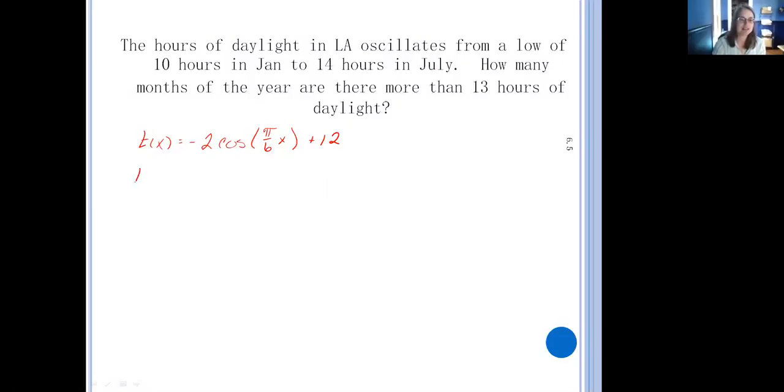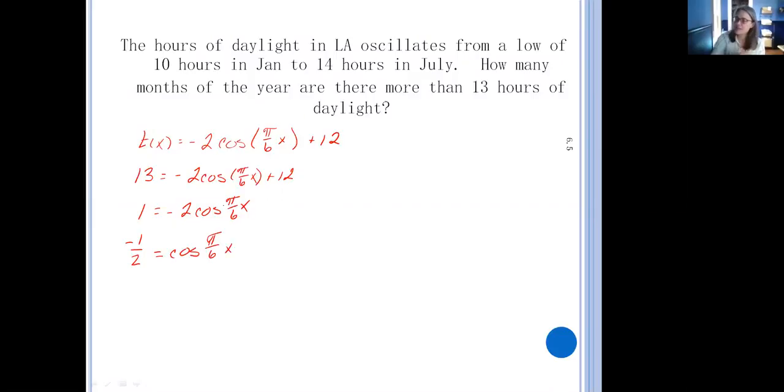So we'll say 13 equals -2 times the cosine of pi over 6x plus 12. Isolate the trigonometric function and we get 1 equals -2 times the cosine of pi over 6x. Divide through by 2, -1/2 equals cosine pi over 6 times x.